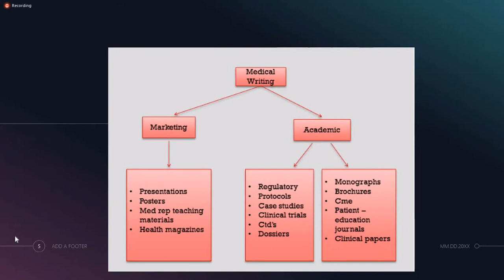But on the other hand, academic writing may be under some ministry or government body or maybe some commission, where you are writing some guidelines or protocols, or maybe you are doing some referencing guidelines for the general public, such as the NCOC for the COVID here in Pakistan.